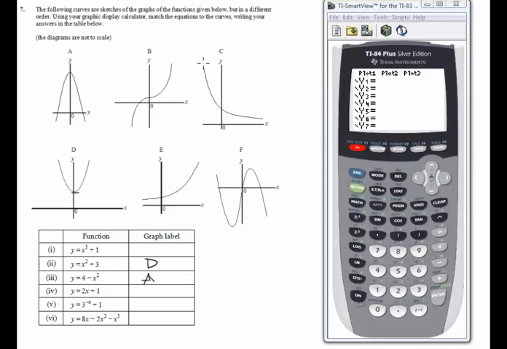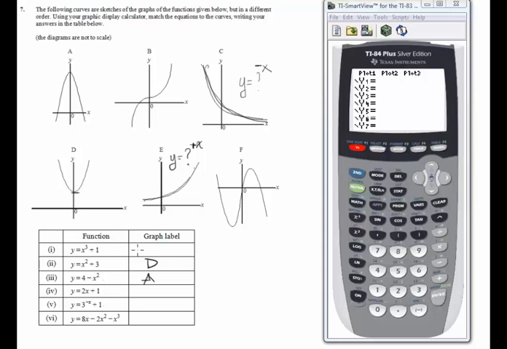These we know are exponential looking curves, which is like y equals something to the x. This is a negative x because it's going down. This would be y equaling something to a positive x.